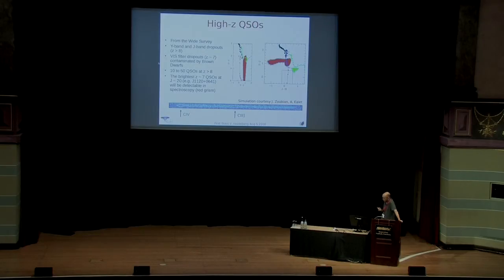This is what this quasar would look like on the Euclid deep. I think it is on the deep, so it is still visible on the wide survey, and we can see here the carbon 3 and carbon 4 lines.